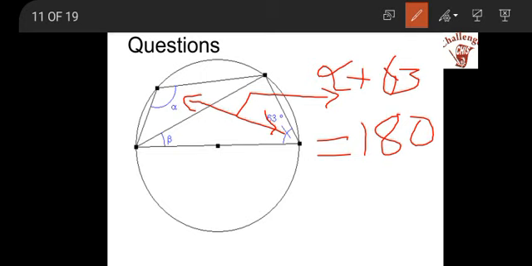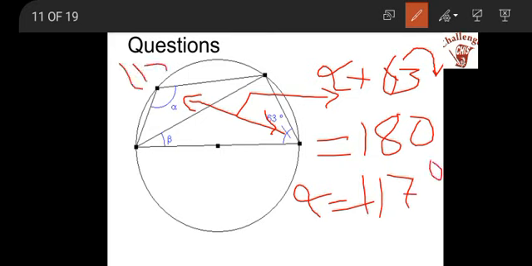Then we transfer 63 to the right hand side to get alpha equal 180 minus 63 equals 117. That means alpha equals 117 degrees.